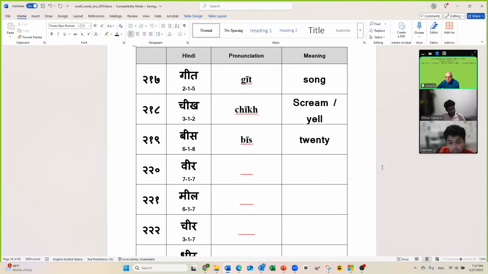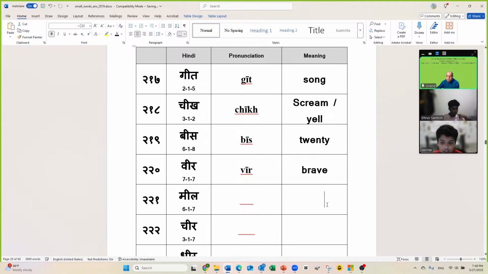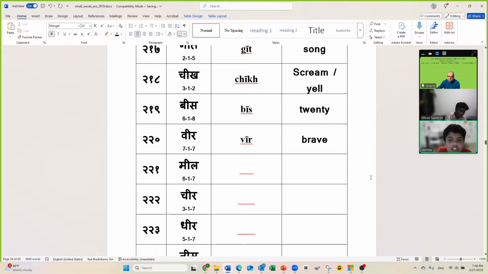Okay, Kavina, next word. Veer. Does Veer mean power? No, Veer means brave. A brave person is called Veer. There's a show called Veer the Robot Boy, I think.